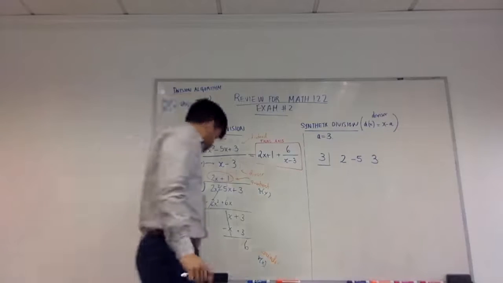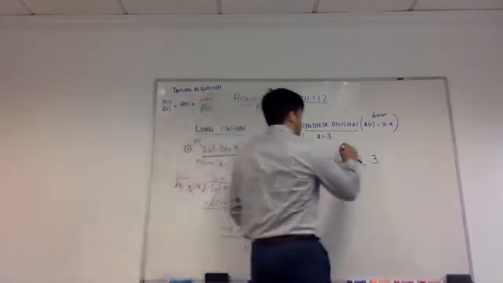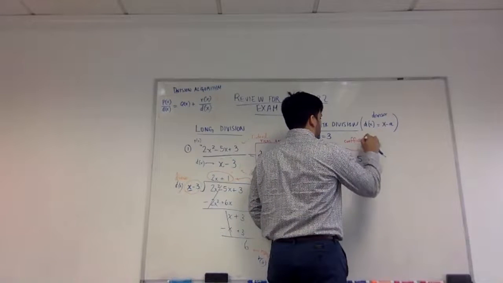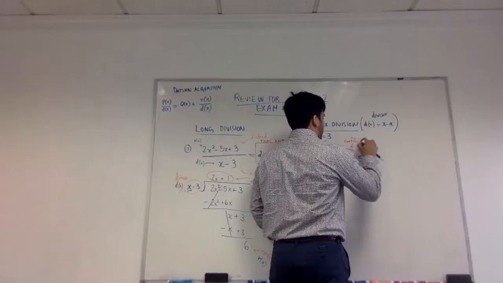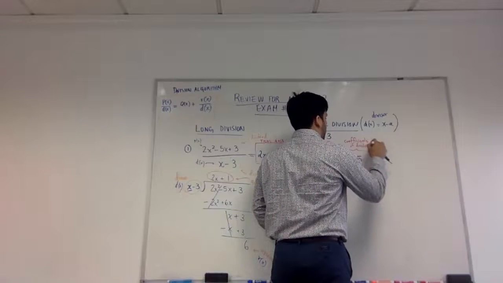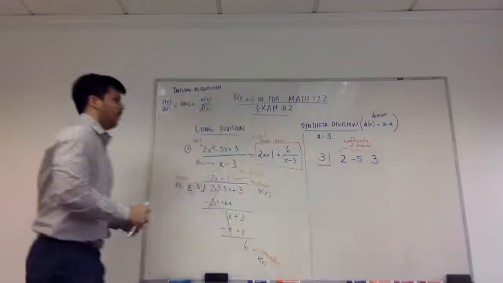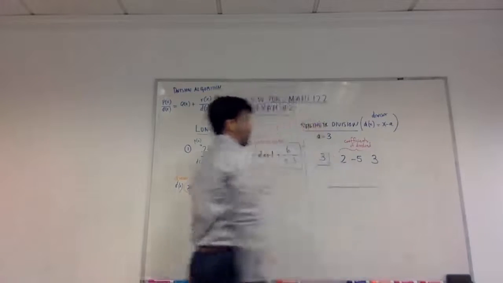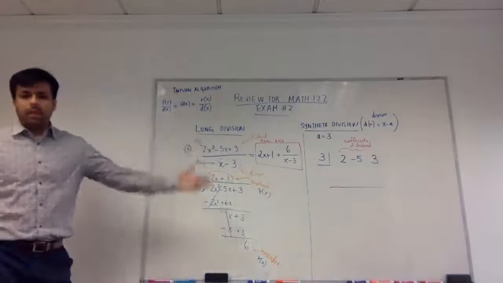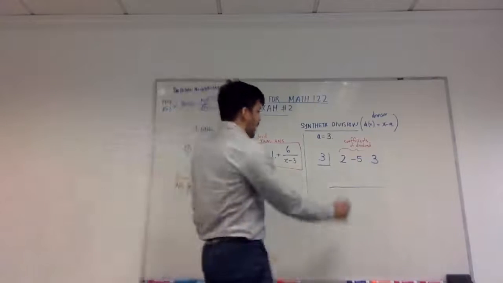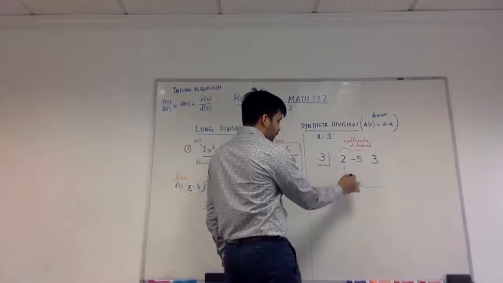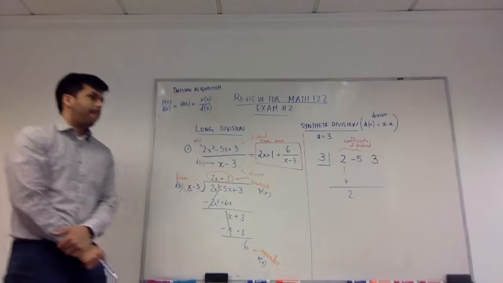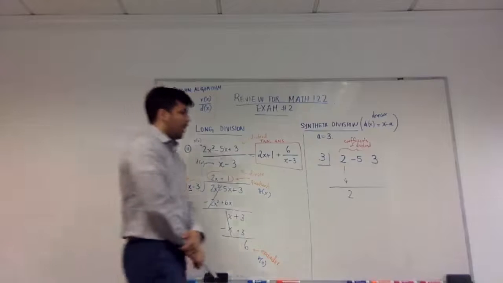So these are the coefficients of the dividend. And then we draw one particular horizontal line. The way this proceeds, I bring this first coefficient down. So this is the first step. I bring the 2 down.